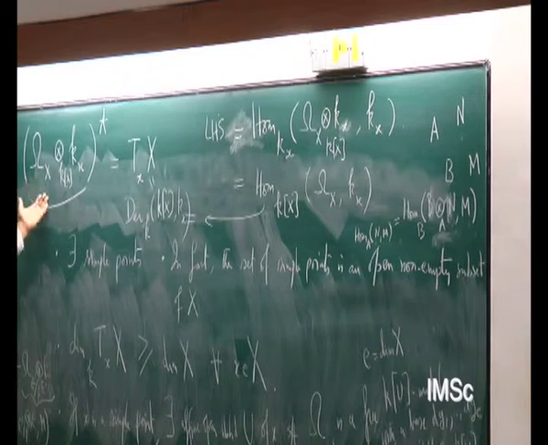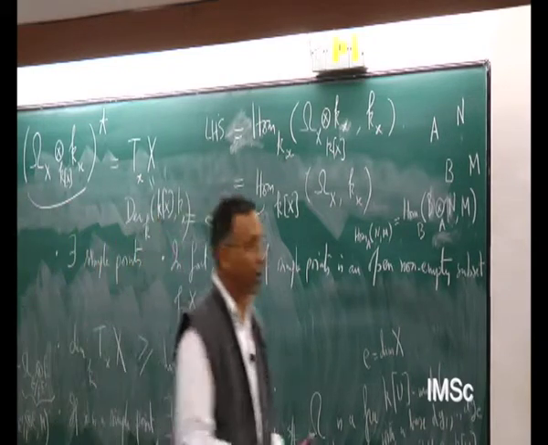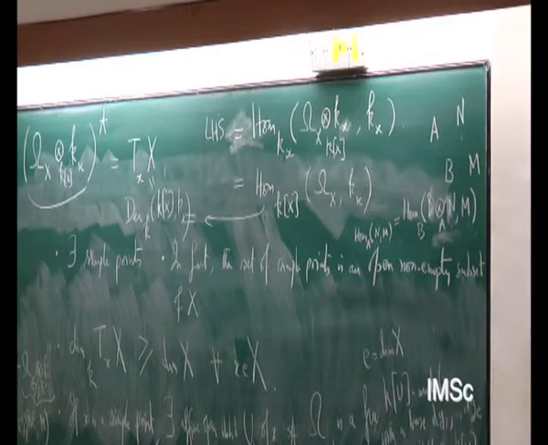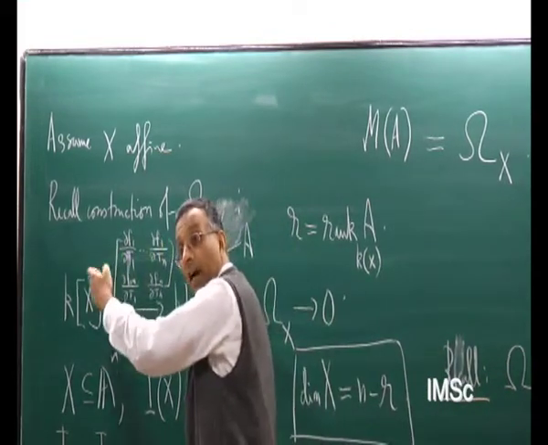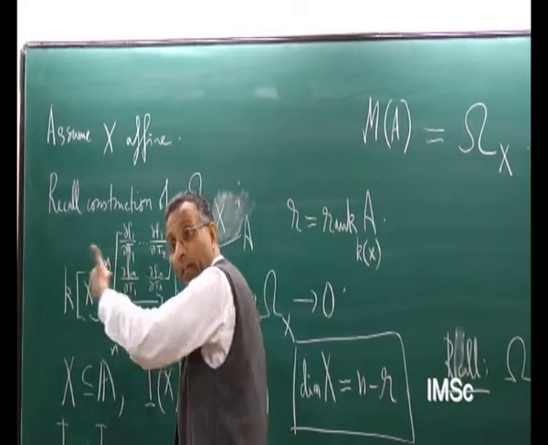But what is the dimension of this? That's the dimension of n minus whatever rank I get after I tensor this with k sub x.